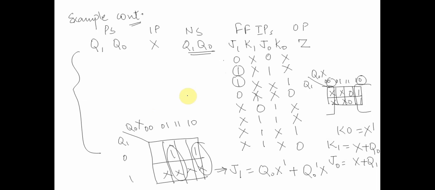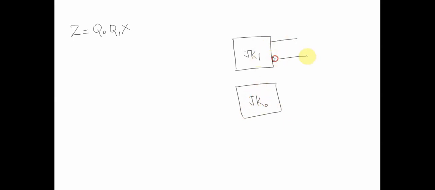We can build a circuit saying that our J and K flip-flop inputs would be something like this. We have a JK flip-flop here. This is Q, this is Q bar.